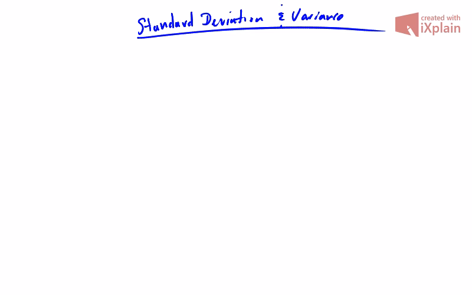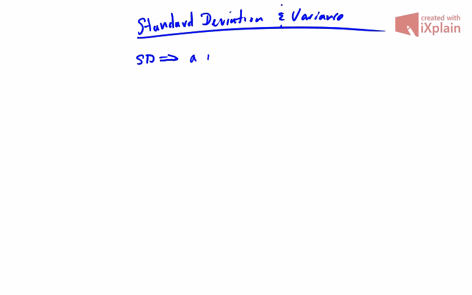So another topic alongside probabilities and mean, median, mode is the topic of standard deviation and variance. Overall, standard deviation is often represented like this, and it basically has an implied meaning of spread.